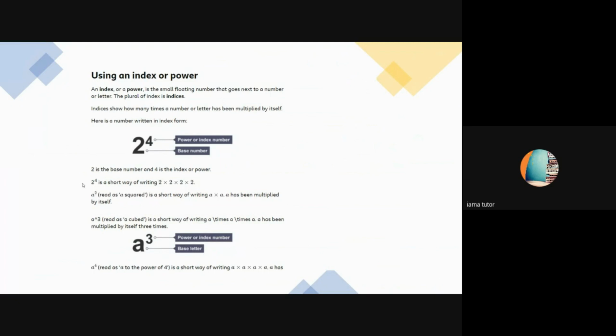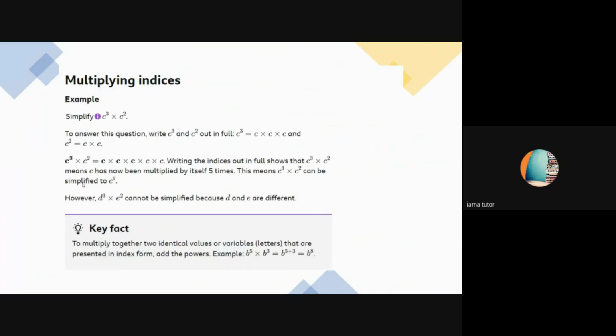So that is the basic understanding of what an index, indices, a power and a base are. Now we will move on.